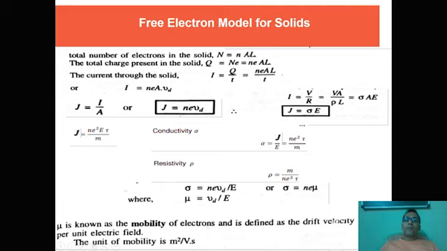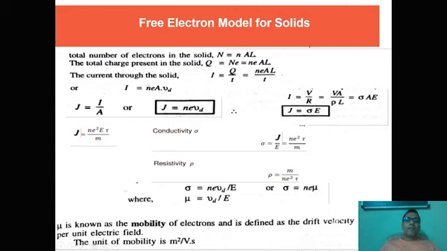So the charge is Q equal to the total number of electrons multiplied by the charge of the electron. Current is defined as Q by t, so by substituting the value of Q, we have I equal to neAL by t.